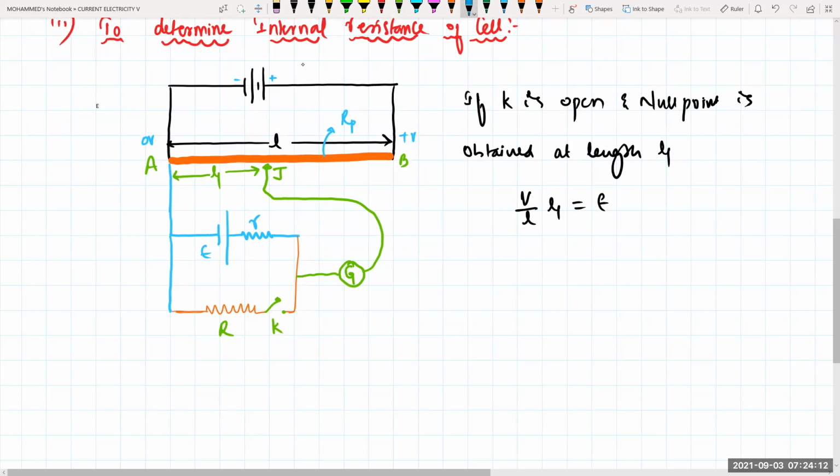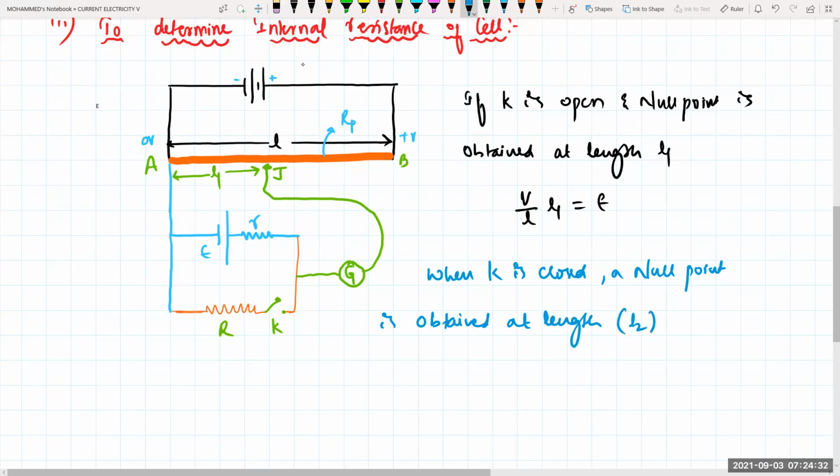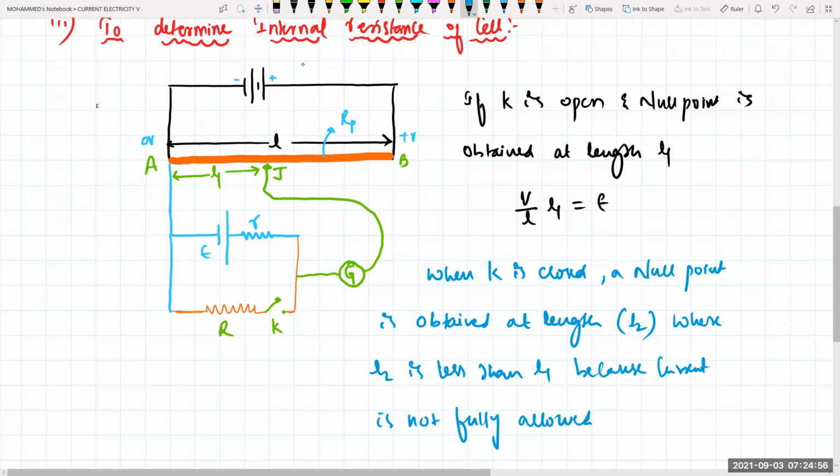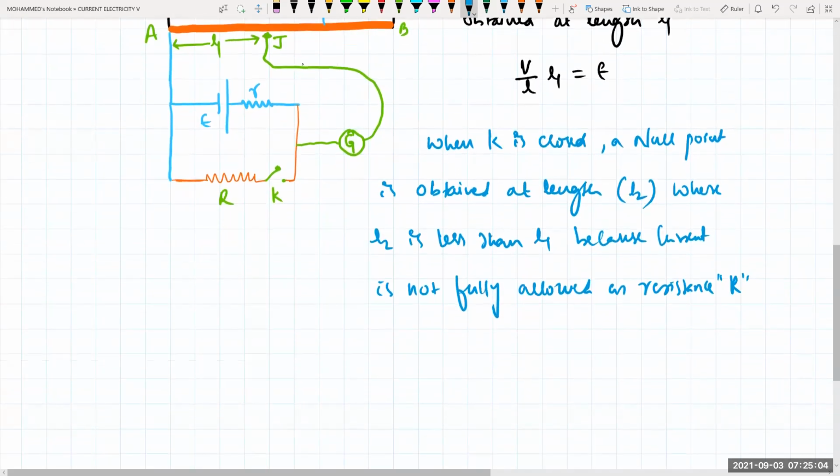So when K is closed, a null point is obtained at length L2, where L2 is less than L1, because current is not fully allowed, as resistance R is opposing the current.